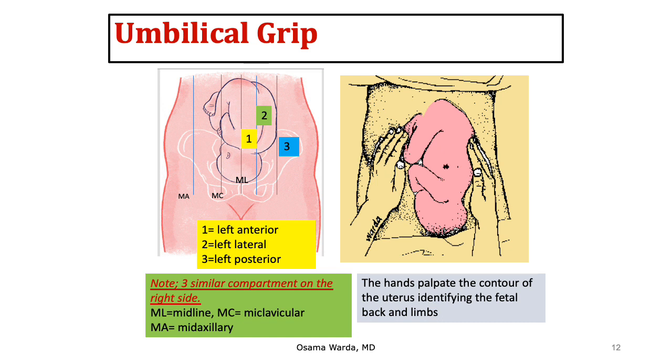We have area 1 here between the midline and the left mid-clavicular line, and this is termed the left anterior area. The second on the left side is termed the left lateral or left transverse area, and the third is the left posterior area, and the same condition on the right side.